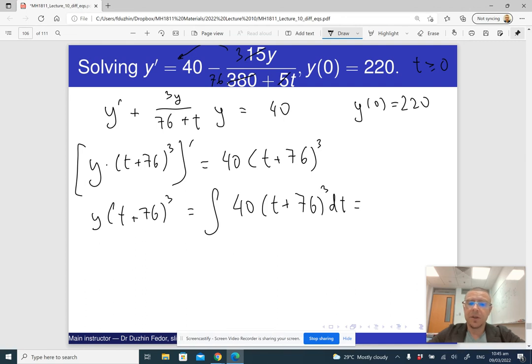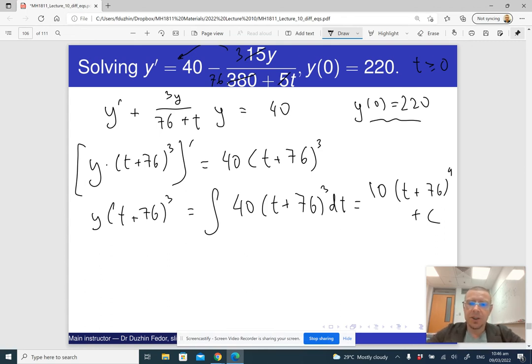The antiderivative of t plus 76 cubed is t plus 76 to the power 4 over 4, so 40 times that. So 40 over 4 cancels out. So this is just 10 times this. Okay, plus constant.